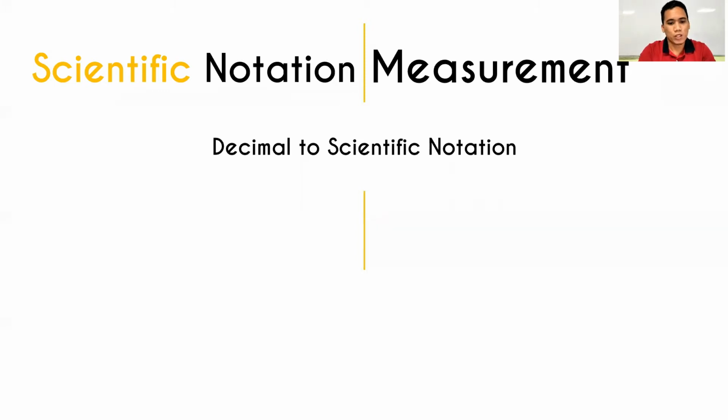Okay, so how can we convert decimal to scientific notation? Scientific notation is the movement of the decimal place or the decimal point.